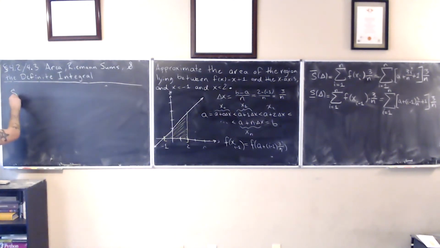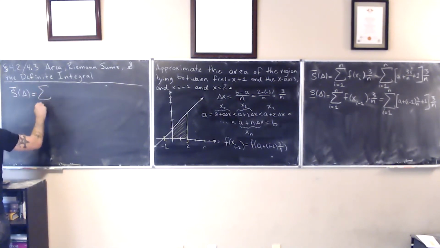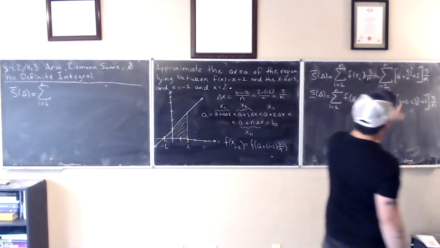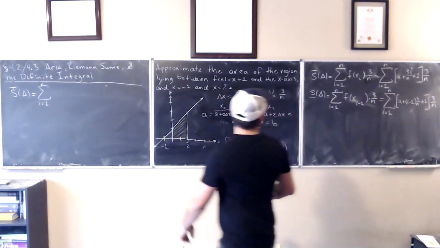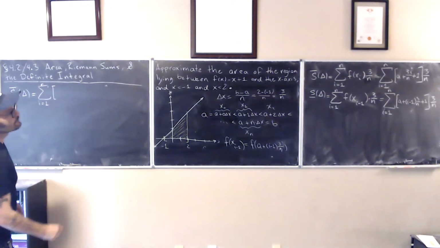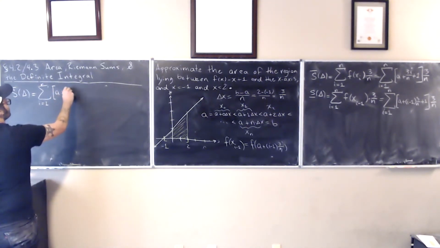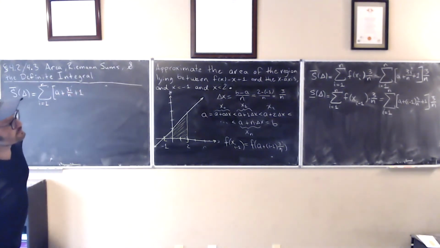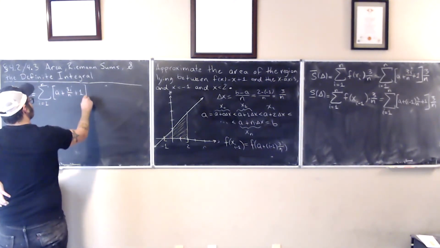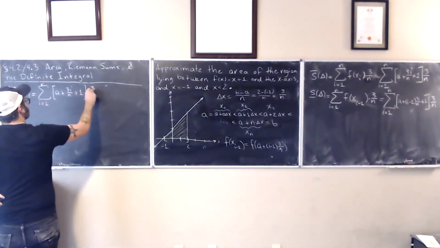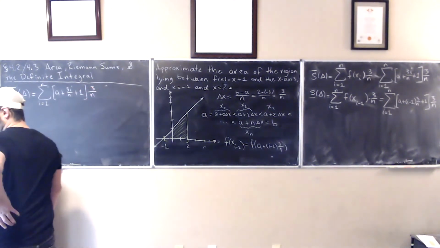The upper sum for that partition is all of that: a plus 3i over n plus 1, times 3 over n.